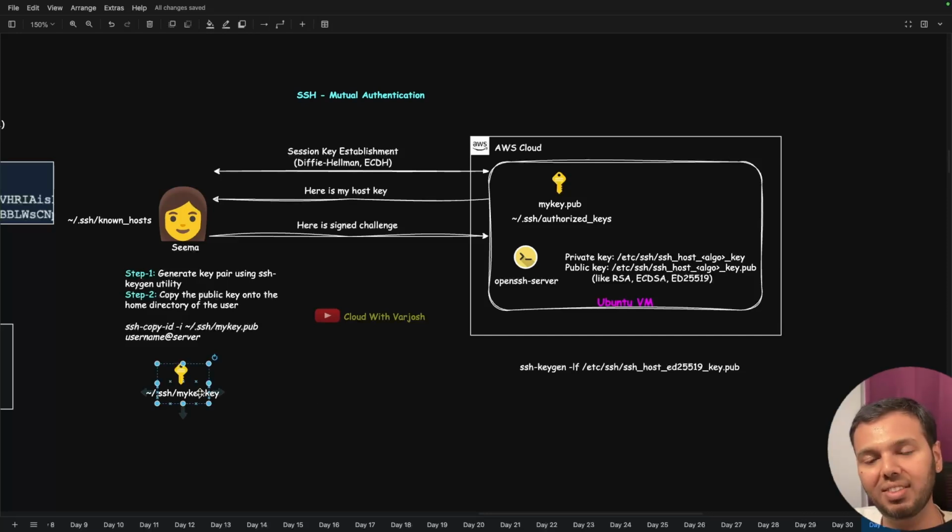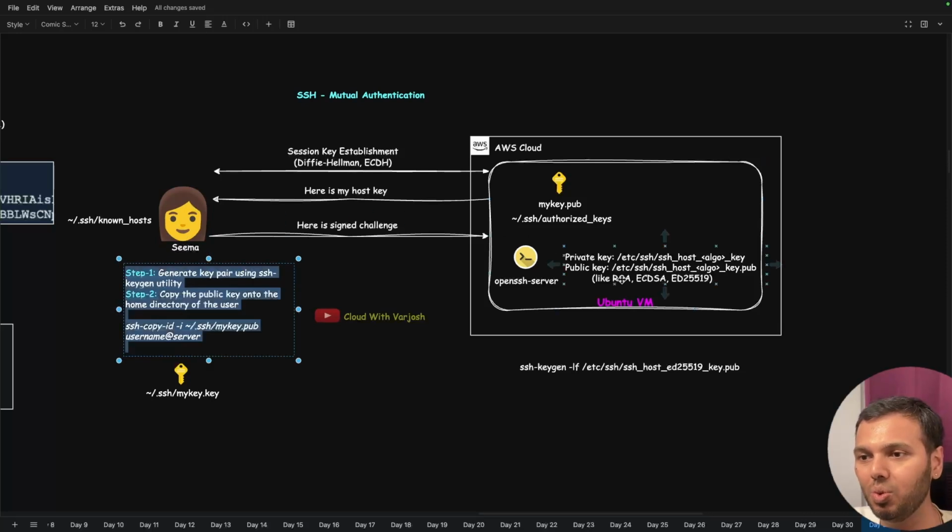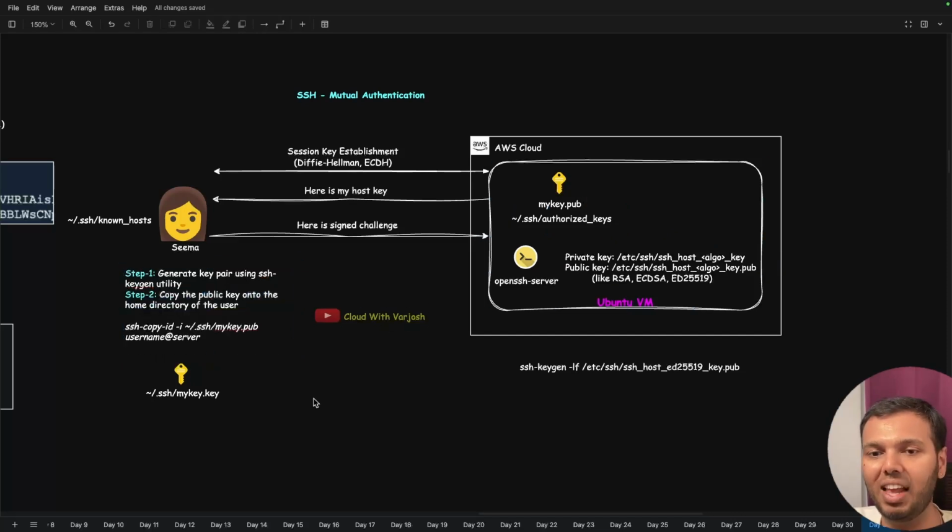And once she signs this, she sends back that signed challenge to this Ubuntu VM. And since this Ubuntu VM already has the public key for Seema, which Seema sent to this Ubuntu VM in step 2, hence this Ubuntu VM can verify that the challenge was indeed signed by the private key of Seema.